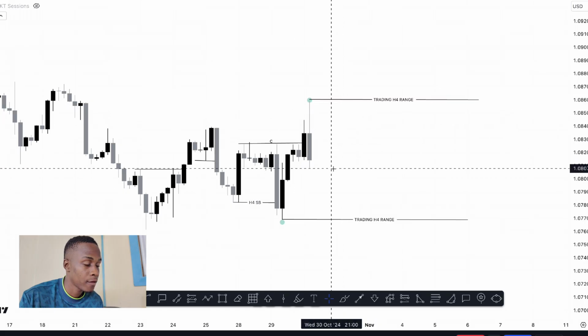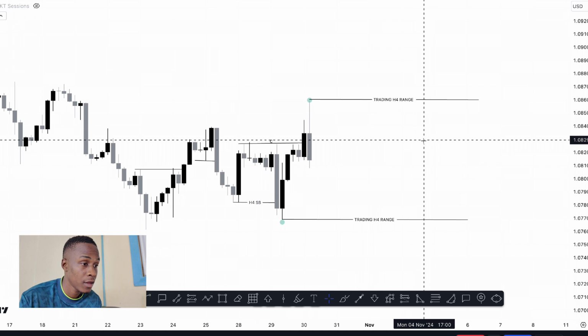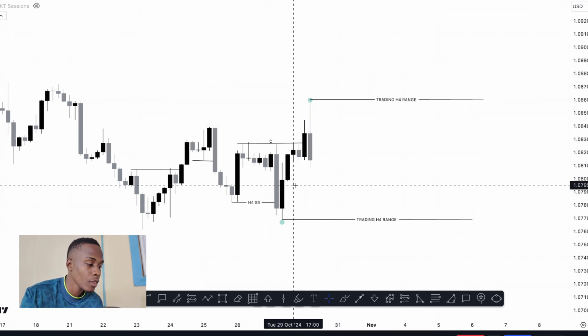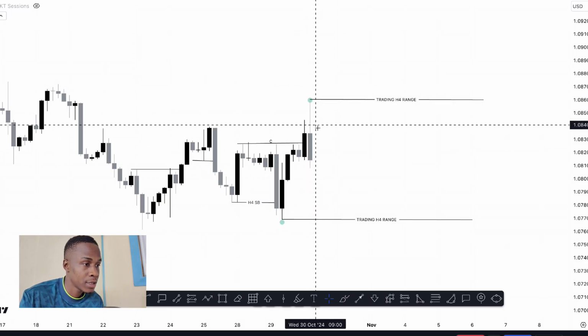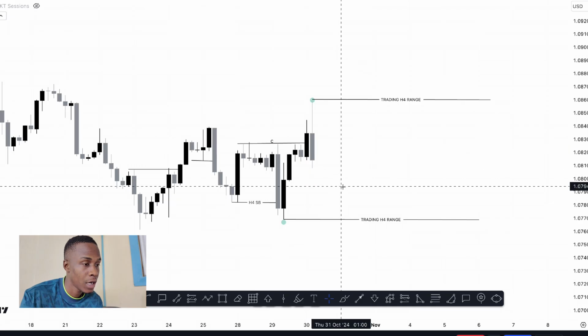All right, next thing, I just want to determine whether or not price is at premium or discount. In this case, price is inside the premium, so I'm interested in sell. Price is in premium, so I'm looking for price to come lower to go high.